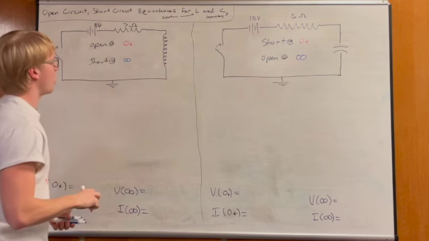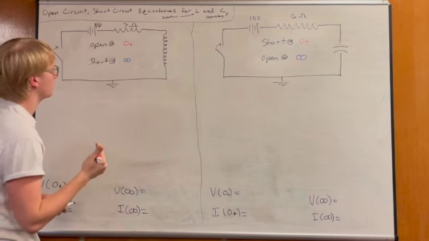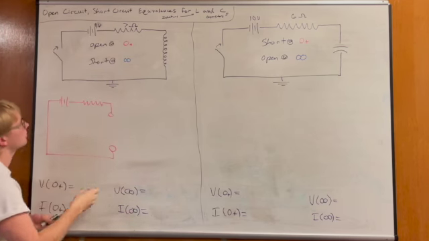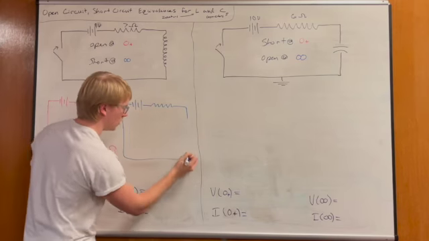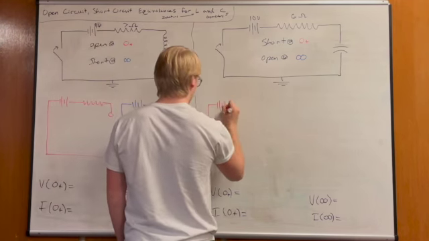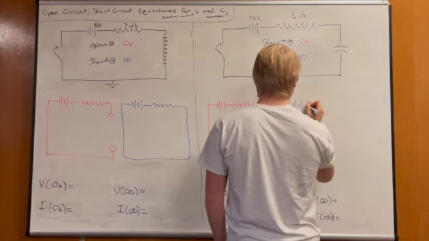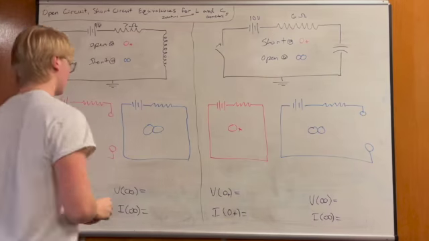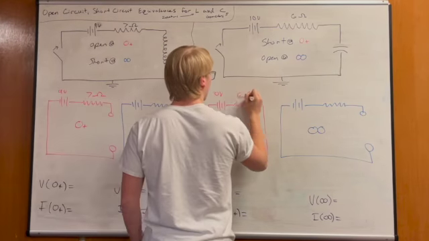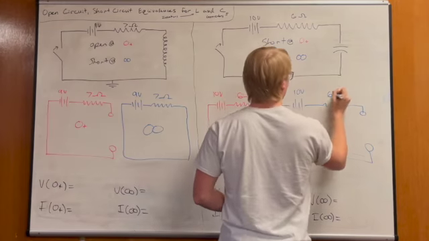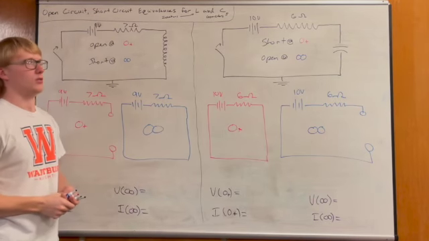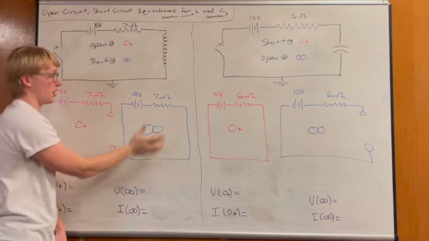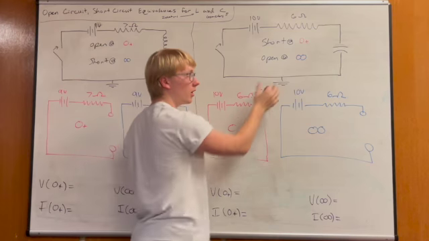And so I'm going to do a little bit of drawing, and then I'll come back. Okay, so what I did here was I redrew what this circuit would look like initially and after a long period of time.